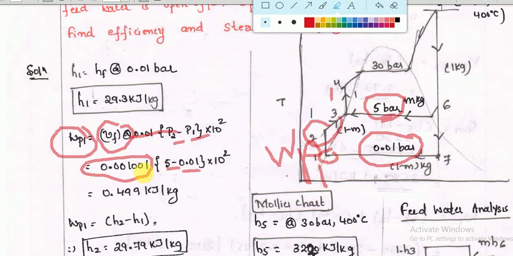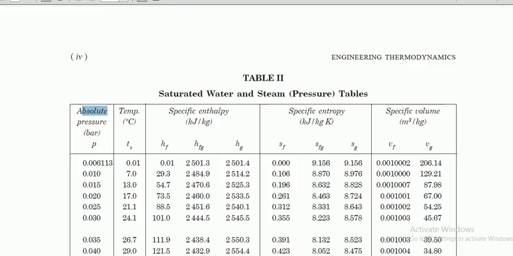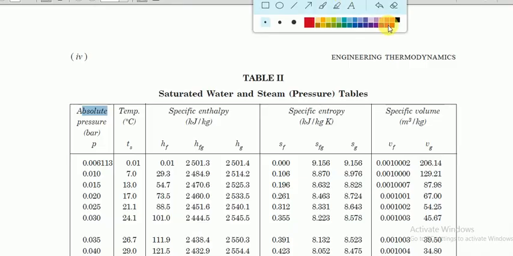We can look here: 0.01 bar is the pressure, and if we go along this line, we can note down the volume of the fluid at condenser pressure 0.01 bar, that is 0.001 meter cube per kg.